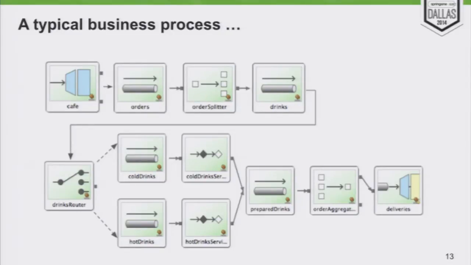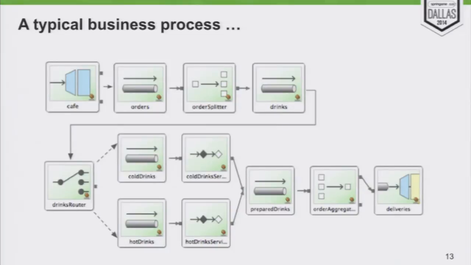So basically, we initially receive orders for a cafe. The orders are split and sent to a barista processor that routes them to separate channels, like cold drinks and hot drinks, where we have a transformer that processes these drink orders into the actual drinks.